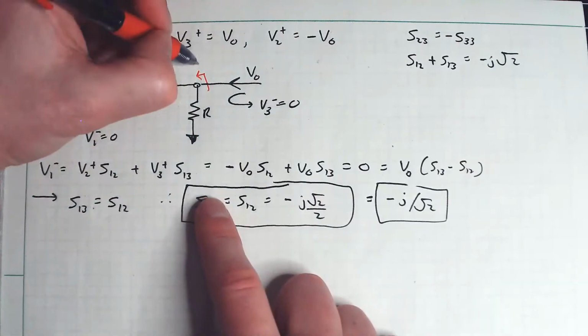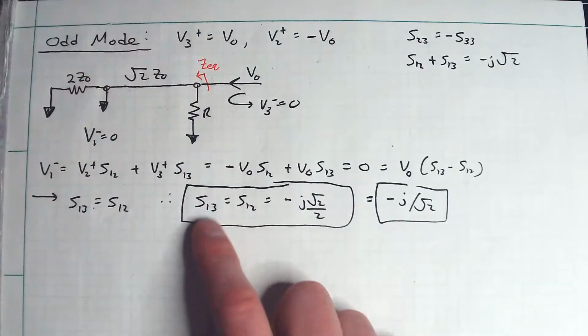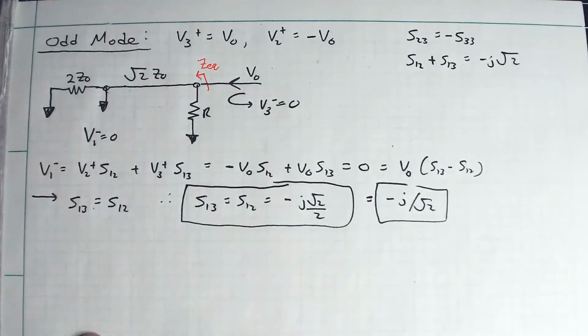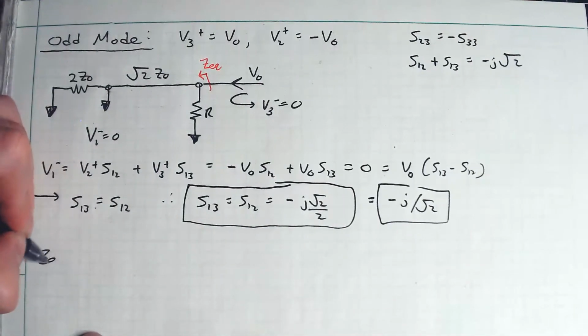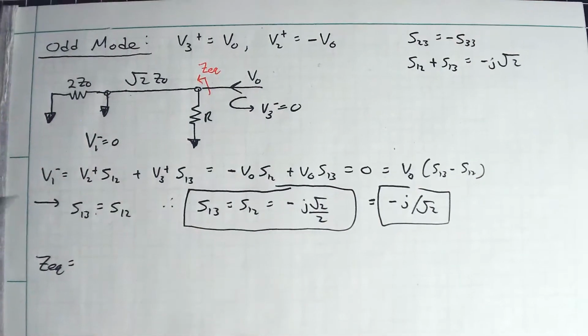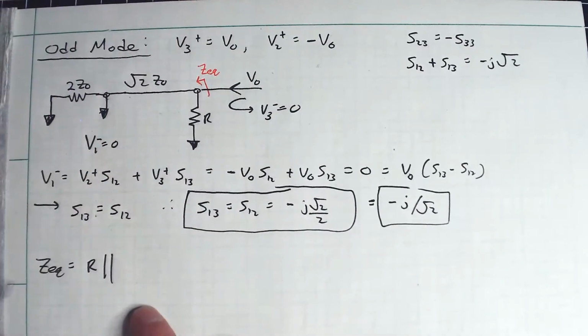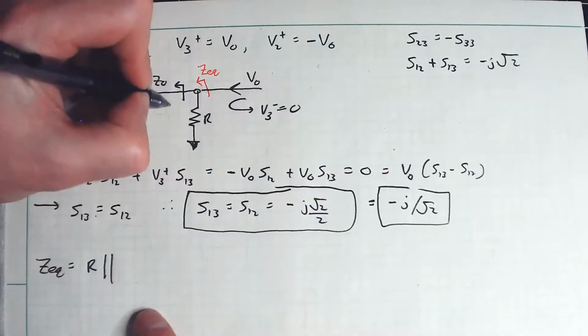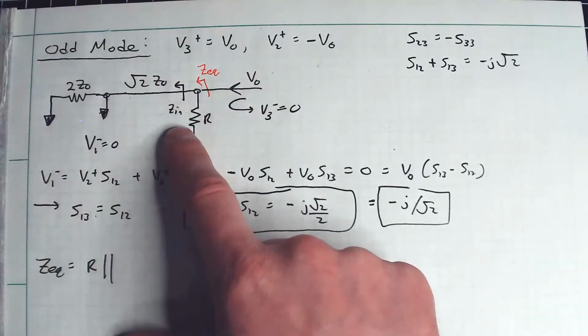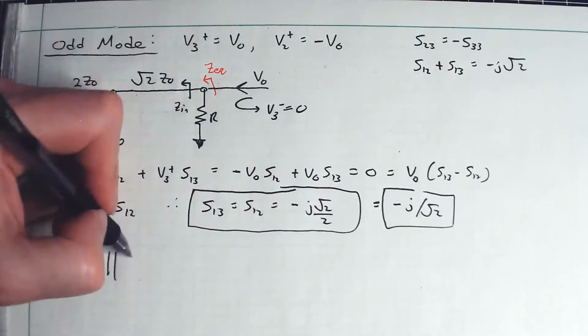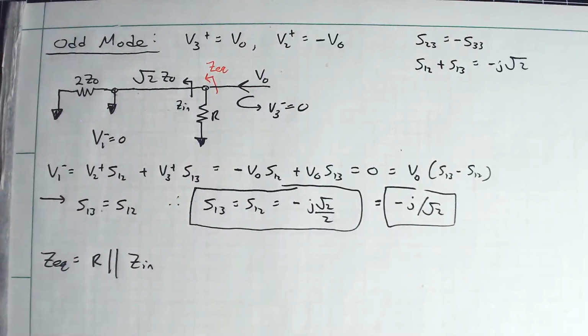So let's call that Z_eq. So we know that Z_eq is equal to R in parallel with, let's call this Z_in, the equivalent input impedance looking down this length of transmission line.